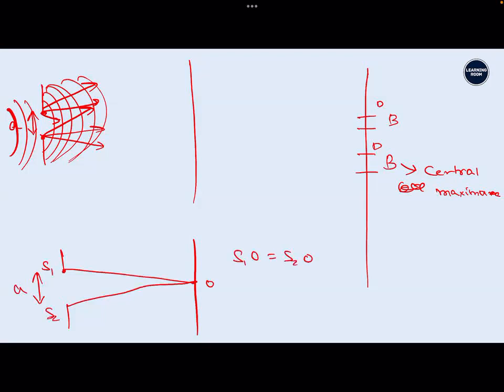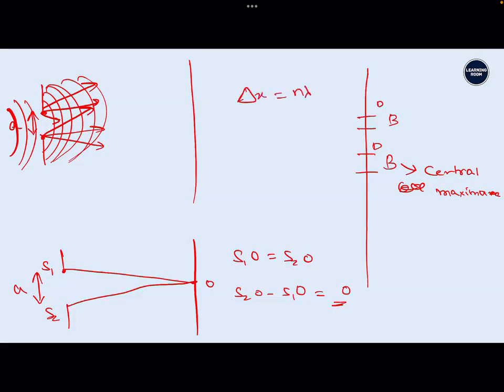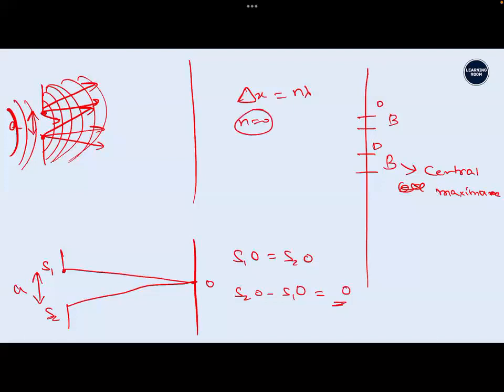When this happens, what is the path difference between both? It is 0. When the path difference is 0, what kind of interference takes place? Is it constructive or destructive? It is constructive. Delta x is equal to n lambda, and here n is equal to 0, so delta x will be 0.